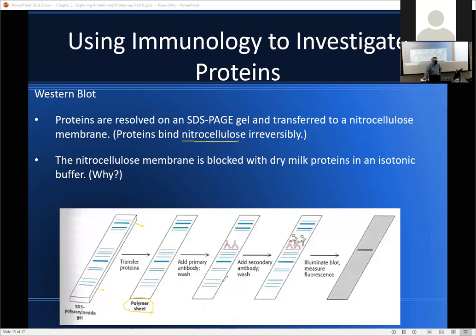In the next step, we take our nitrocellulose membrane that contains our proteins from our SDS-PAGE gel, and we incubate it with our antiserum. If the protein of interest is located in that polyacrylamide gel, the antibodies are going to bind to the band that contains those proteins.